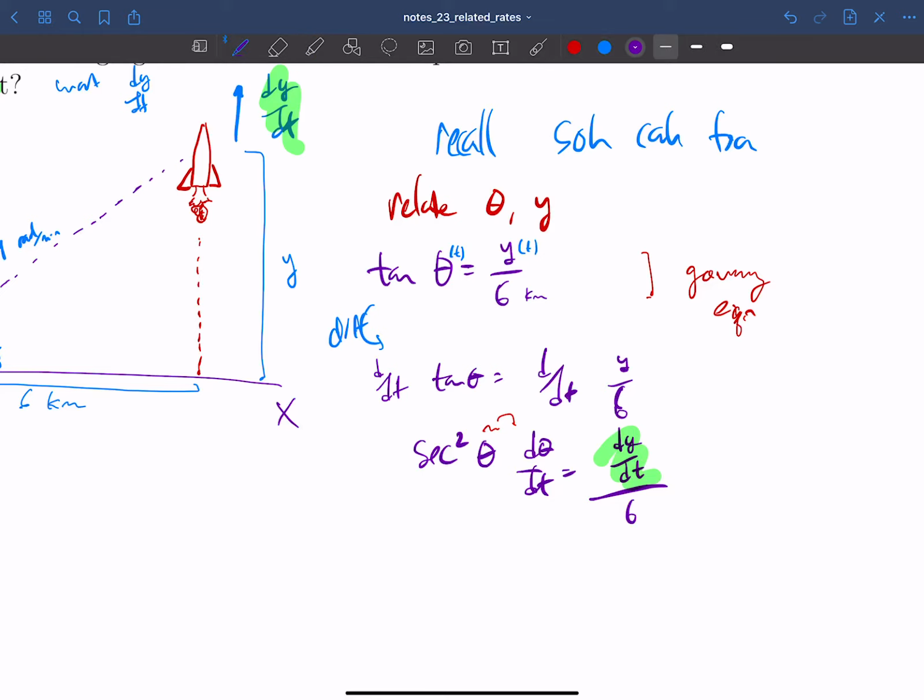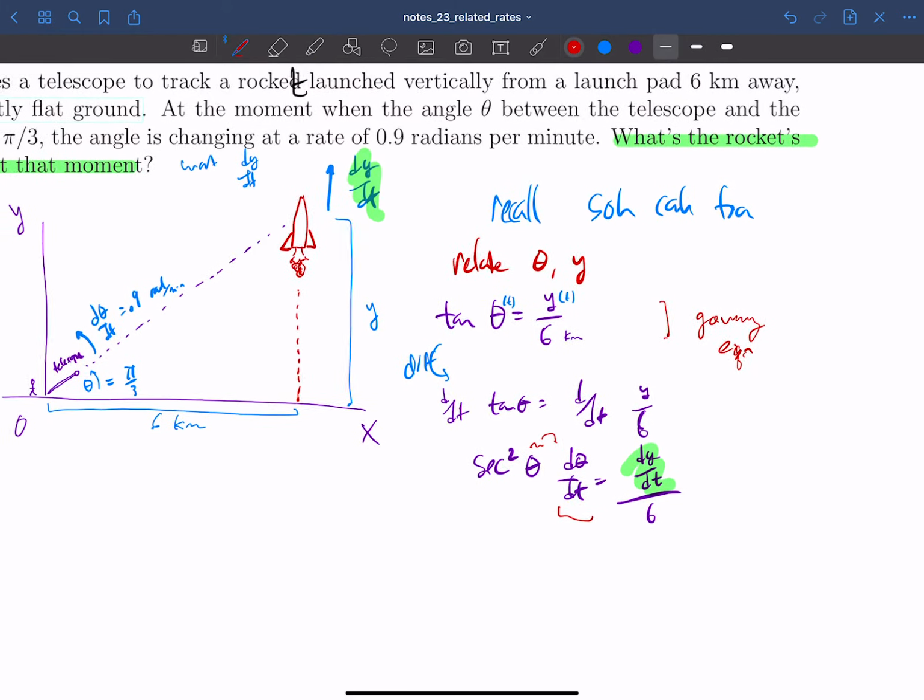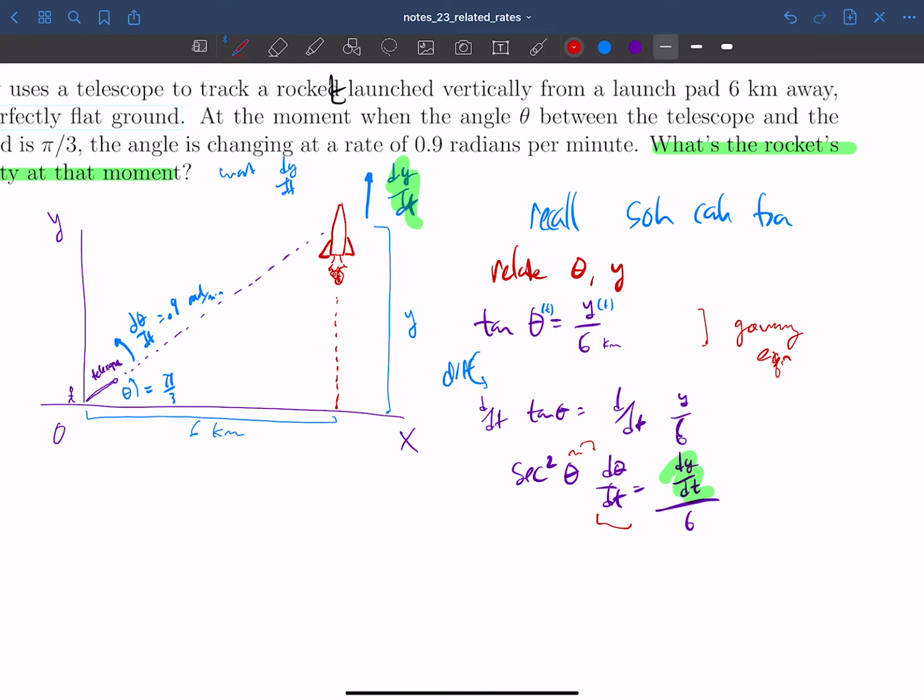Okay, so let's try to figure out, do I know everything else? d theta/dt, we can refer back to the picture or to the problem statement. I know that that is 0.9 radians per minute. 6 is just 6. And theta is equal to pi over 3.